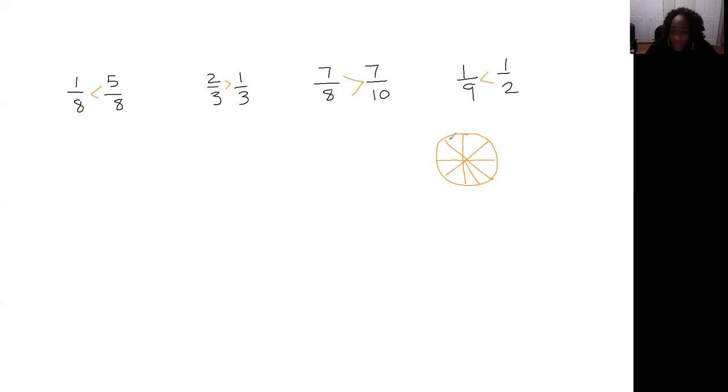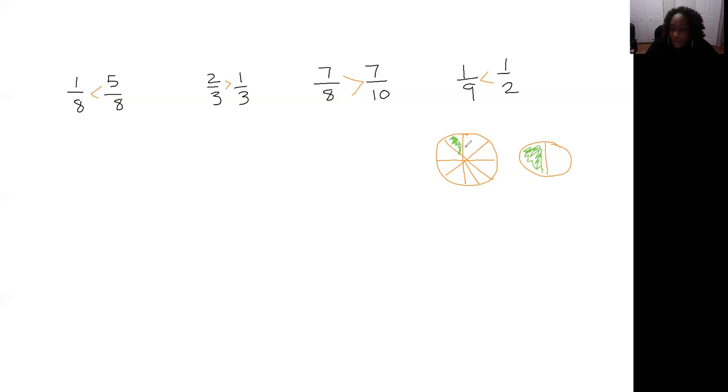So if I shade in only 1/9 here, and then I come over here and make another pizza, it's 1 out of 2. The bottom number tells me how many sections there are. There are 2 sections, and the numerator tells me how many to select, so I only select 1. Look at this pizza. This person ate more than that person. This person has more. They have a whole half.